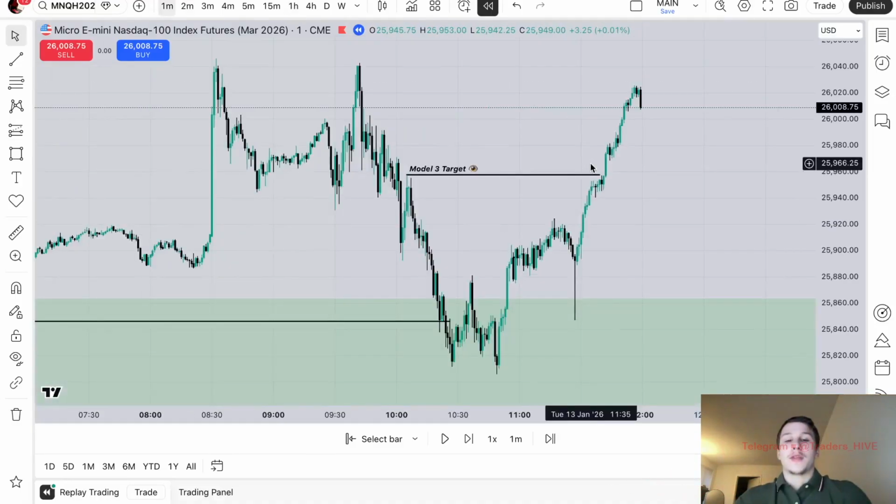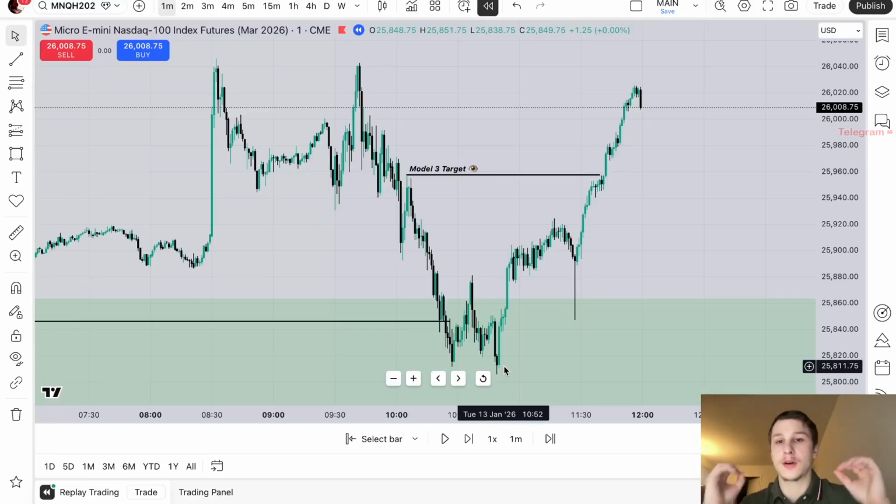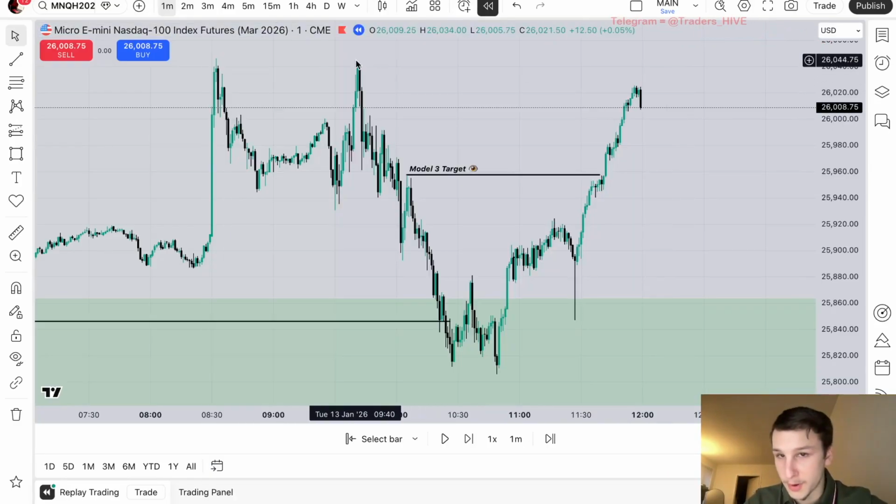Now, the next thing that we're looking for once we tap our key levels, like right here, is obvious, and I mean obvious, opposing draw on liquidity. What this means is very simple: obvious opposing stacked highs from those who are making money before we're taking our Model 3 to the upside. Who's been making money?